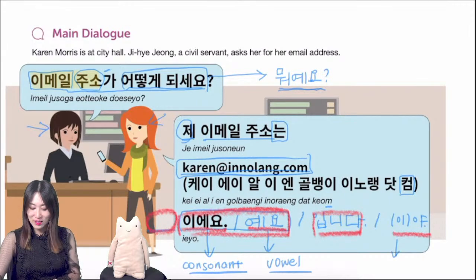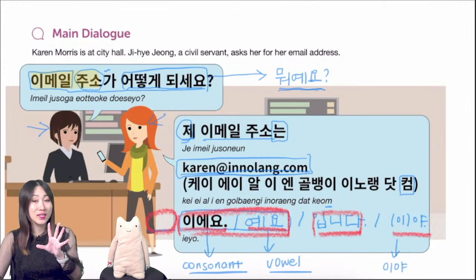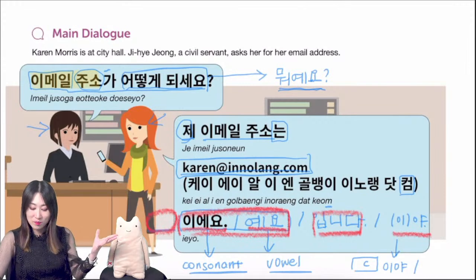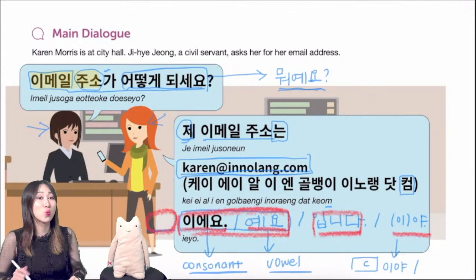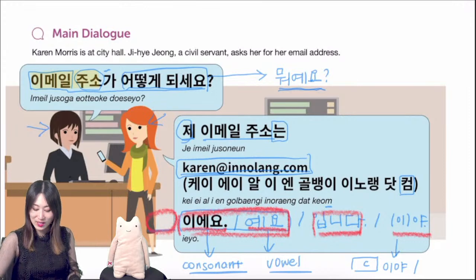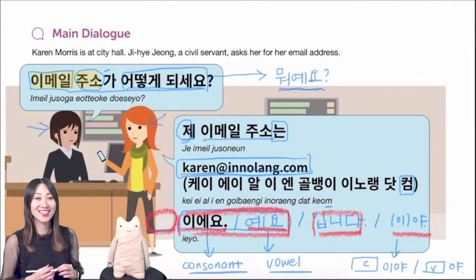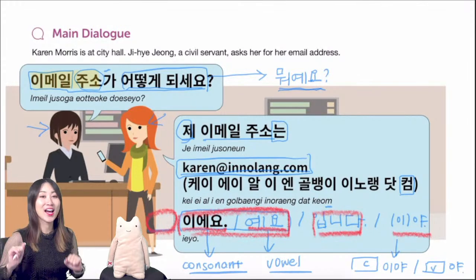There are two forms, right? 이야 is used when the word coming before it ends with a consonant, so 이노랭닷컴 이야. Or imagine the word coming before 이야 ends with a vowel, then you use just 야, as in 사과야.